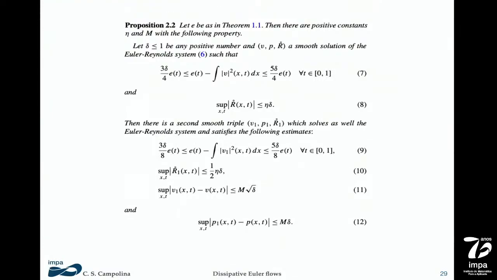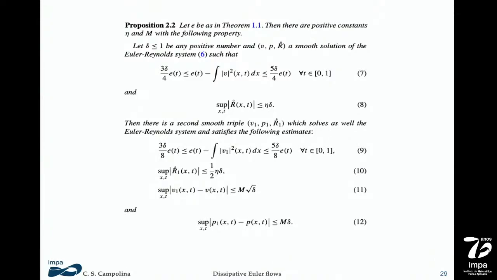So this is the proposition. Let e be the energy profile we are prescribing, right? Take a delta less than or equal to 1, and suppose we have a triple, velocity, pressure, and Reynolds stress, a smooth solution of the Euler-Reynolds system, which is that system perturbed by Reynolds stresses, satisfying these conditions.